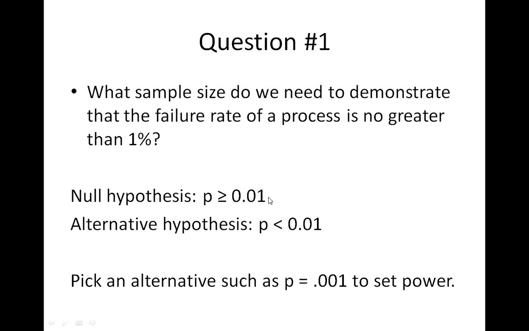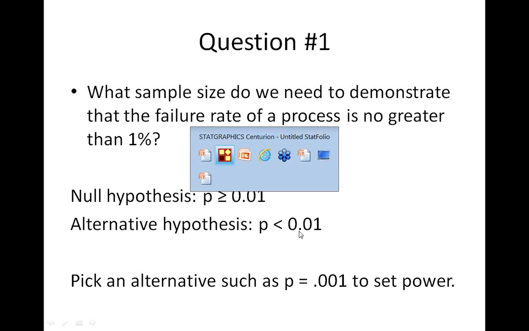Right? So you take 0.010 minus 0.001. It's the difference between them. You see, what we're picking here is a particular alternative, 0.001, to use as an alternative. That is the one confusing part I know about how we've set up this dialog box.